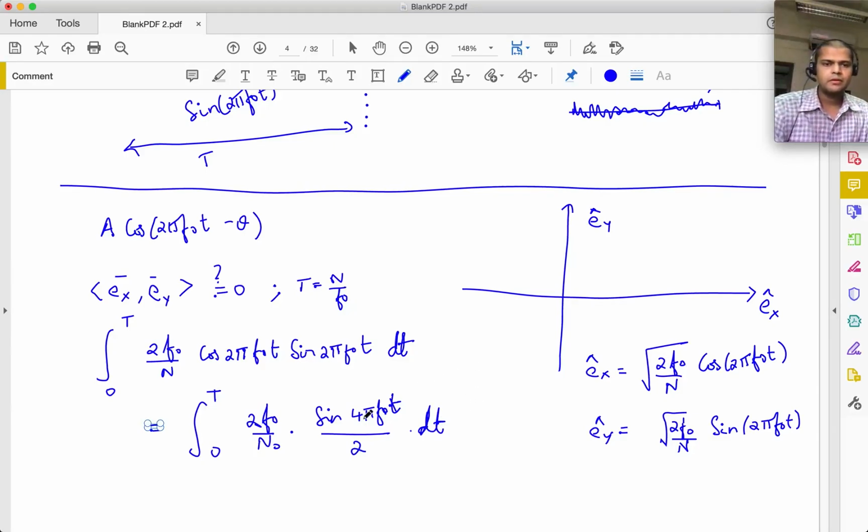Now this is again another sinusoid, and we are integrating over a multiple of its wavelengths, so this obviously should go to 0, the same reasoning that we had before. So indeed, these two unit vectors are going to be orthogonal to each other with this definition of inner product.